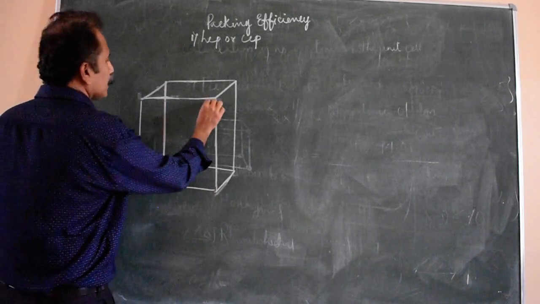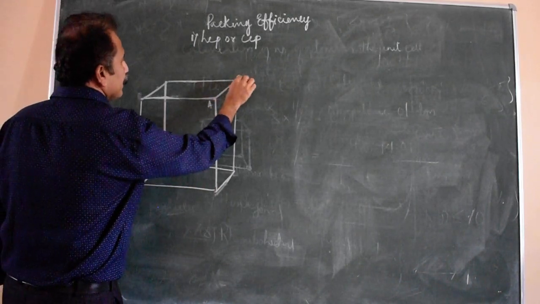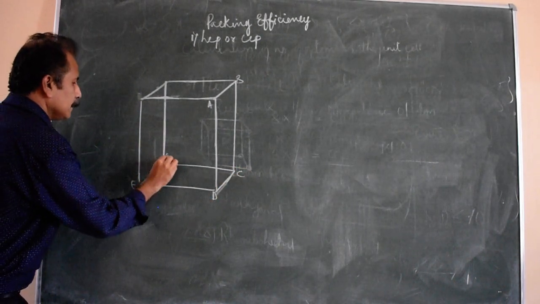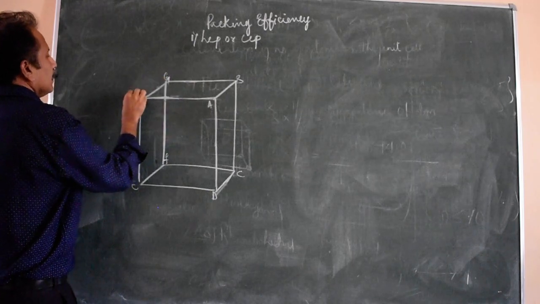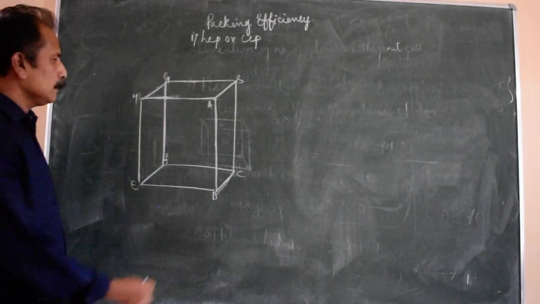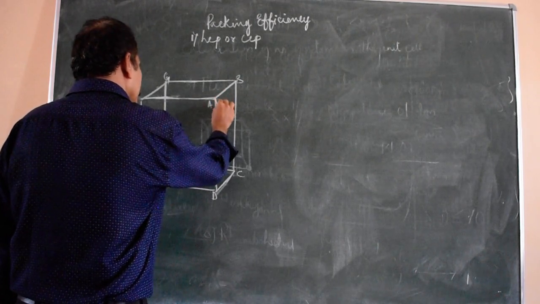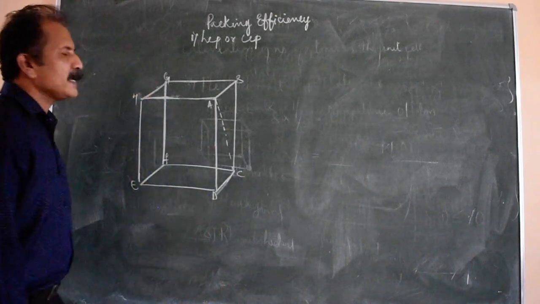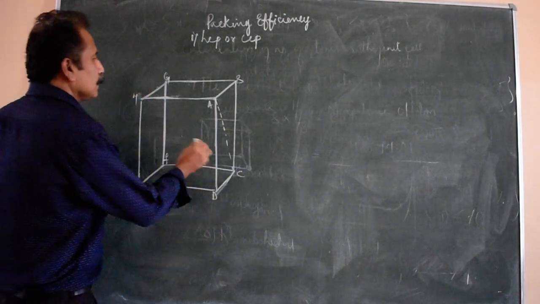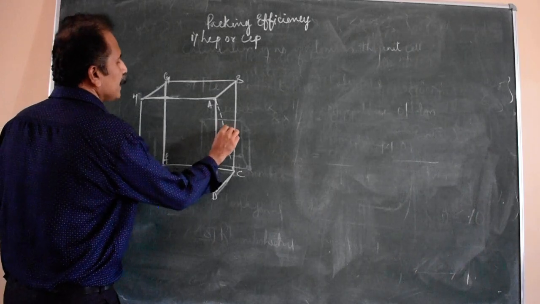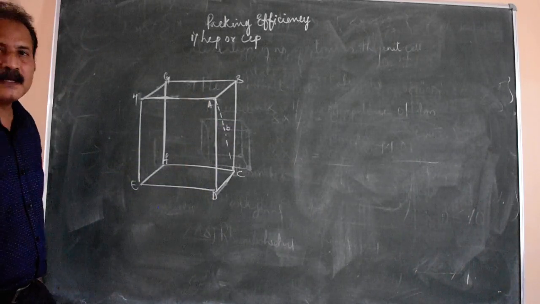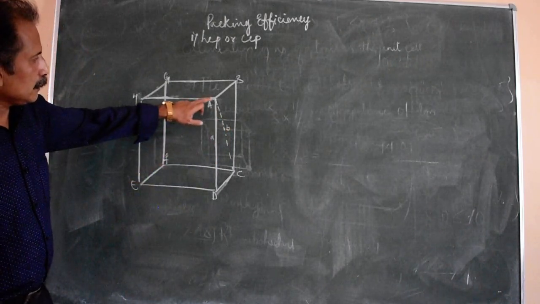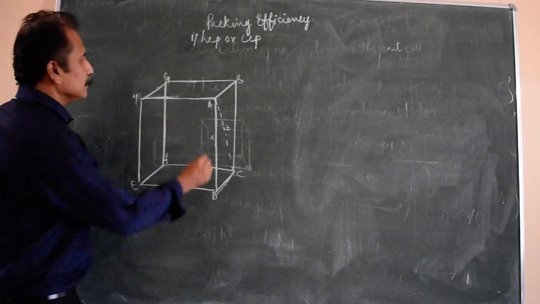Mark the points A, B, C, D, E, F, G and H. Draw the diagonal. It is called the face diagonal. That is AC. Then call this as B. Now the edge lengths, you can take them as A. Then take the center and draw a circle.